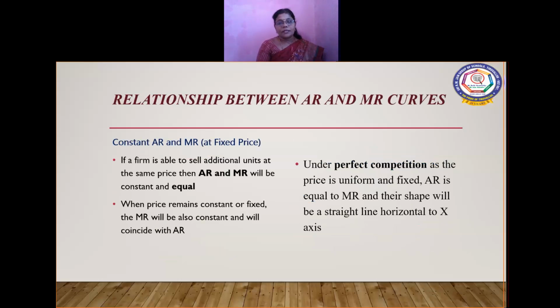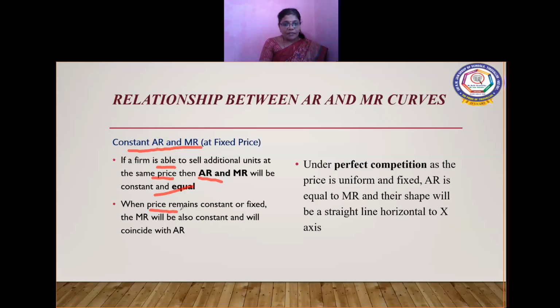Now we are going to discuss the relationship between the AR and MR curves. First, at fixed price. If a firm is able to sell additional units at the same price, then AR and MR will be equal. If there is not going to be any fluctuation in the price level and the firm is able to sell additional units also at the same price, in that case AR and MR will be constant and equal.